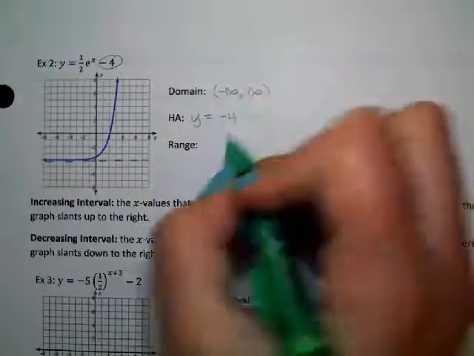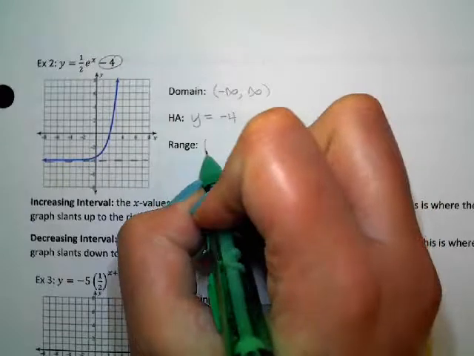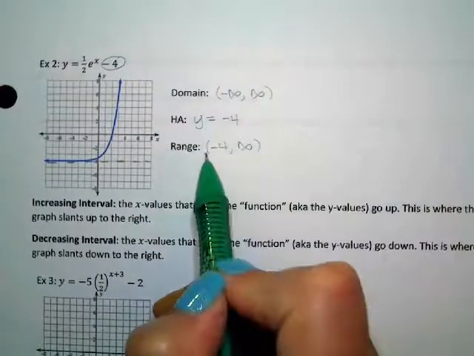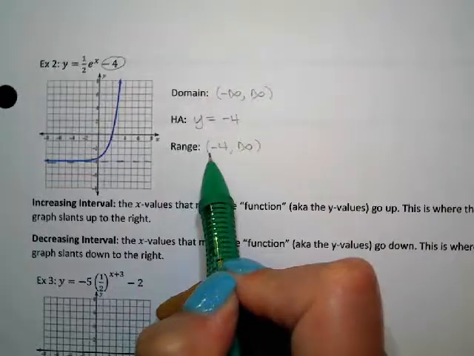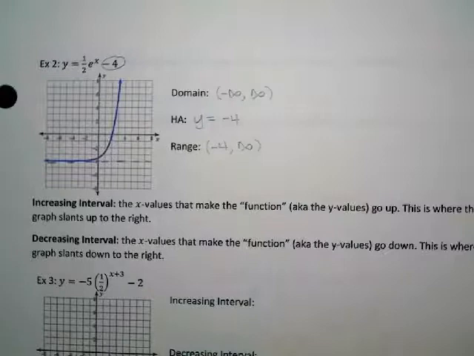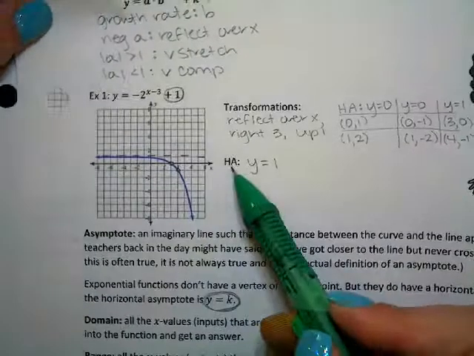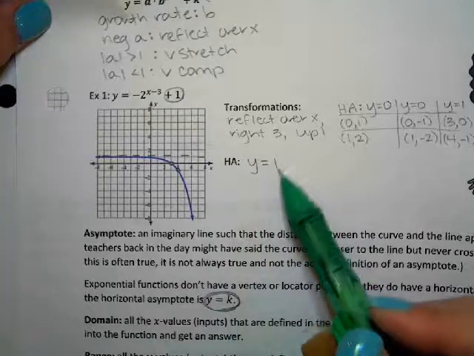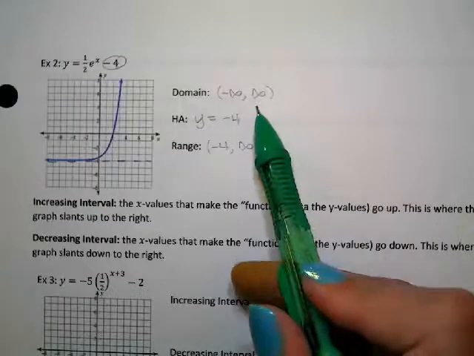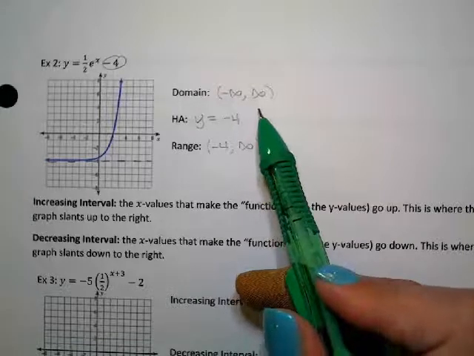So here, this graph goes from -4 to infinity. It's a parenthesis because we have an asymptote. It's not going to be a bracket. If this graph had been reflected upside down, like this last one, this one would have had a range of -infinity up to 1. So the domain is always going to be all real numbers, -infinity to infinity, but that range is going to be limited.